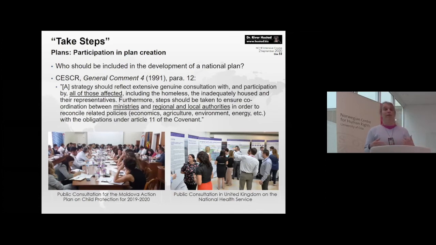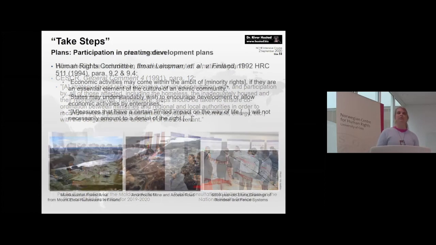So when it's an economic plan for the entire country, certainly there should be a meaningful and effective ability of everyone to participate in the creation of that plan and to give their opinions or to express how it's going to affect them negatively or positively, or what they need to be part of this plan so that they can enjoy their human rights. So on the issue of effective participation, I just wanted to go over a little bit.